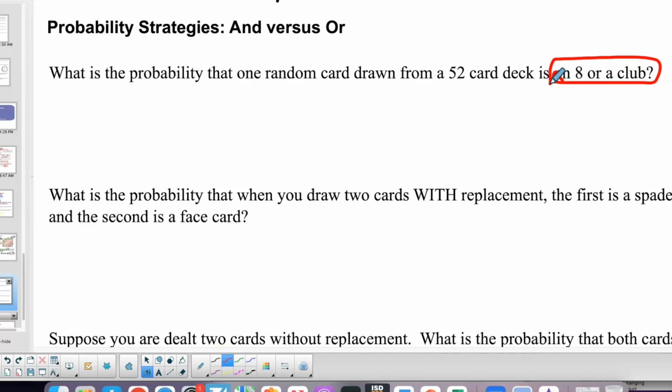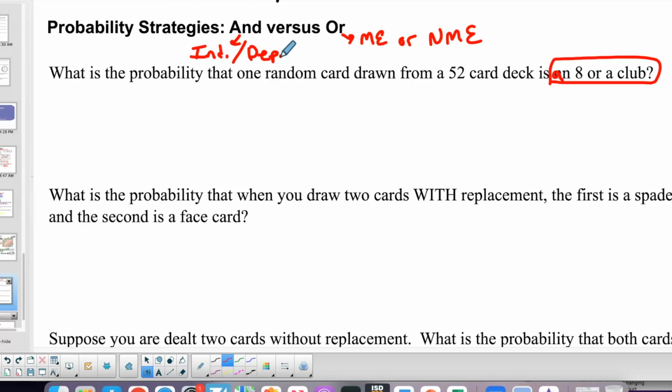What we have to look at, when it's an or problem, is mutually exclusive or non-mutually exclusive. So can they both happen at the same time? For and problems, we have to look at independent versus dependent. Does the first one impact the second one?